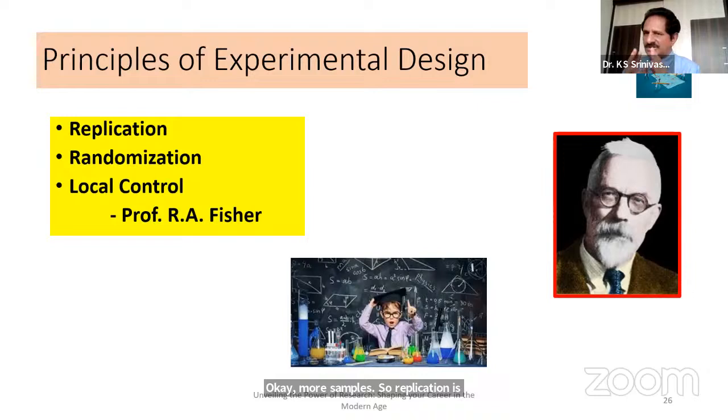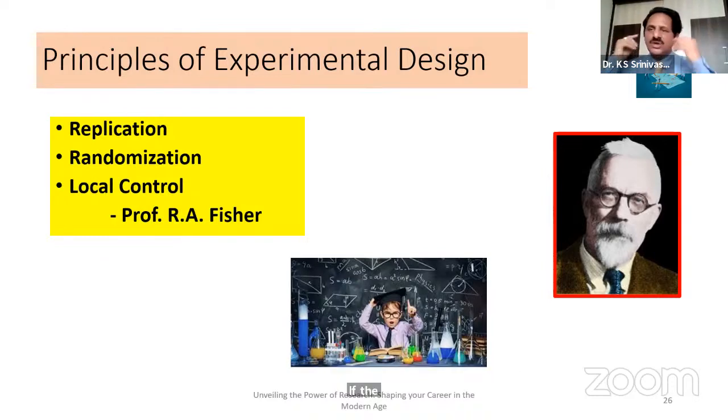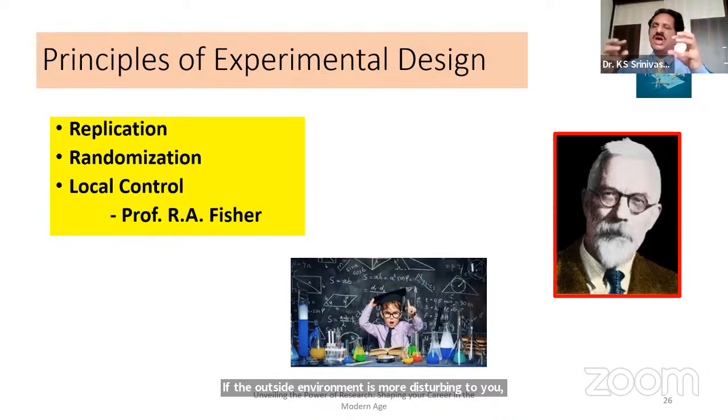Randomization: try to use randomness either in treatments or in selecting subjects, because your personal bias can be reduced. Local control: the effect of other variables should not interfere. Suppose I am handling a task today. If the outside environment is more disturbing to you, you cannot listen to what is happening here. In the same way, in research, local control means other factors are kept constant.